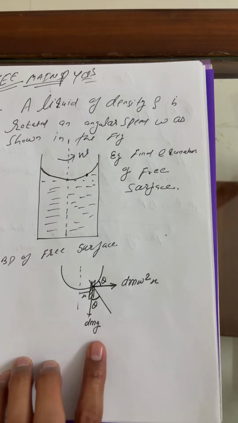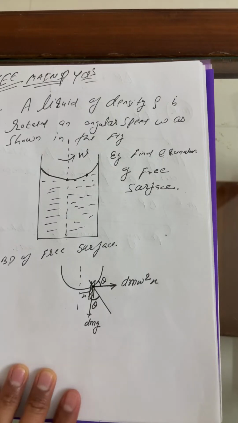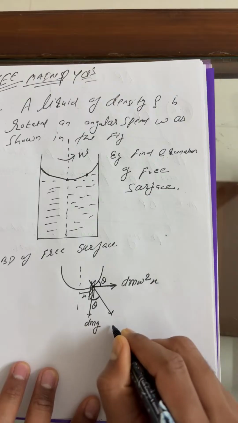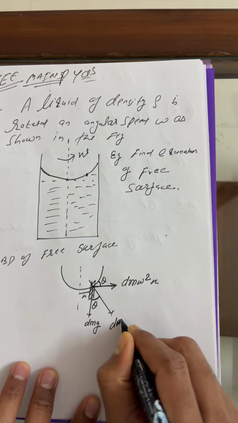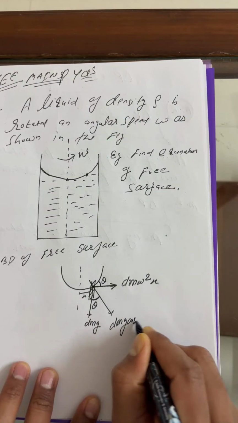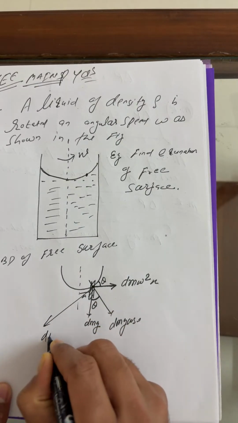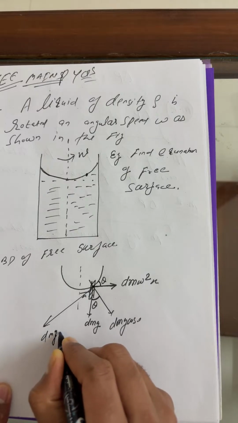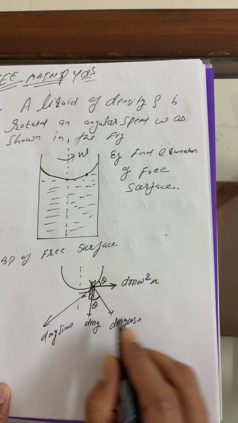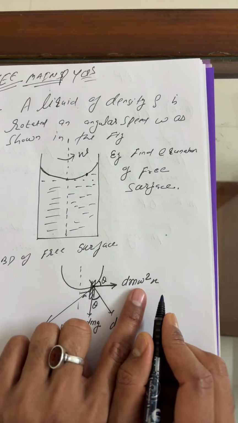Taking components of this dm, this is dmg cos theta and this is dmg sin theta.